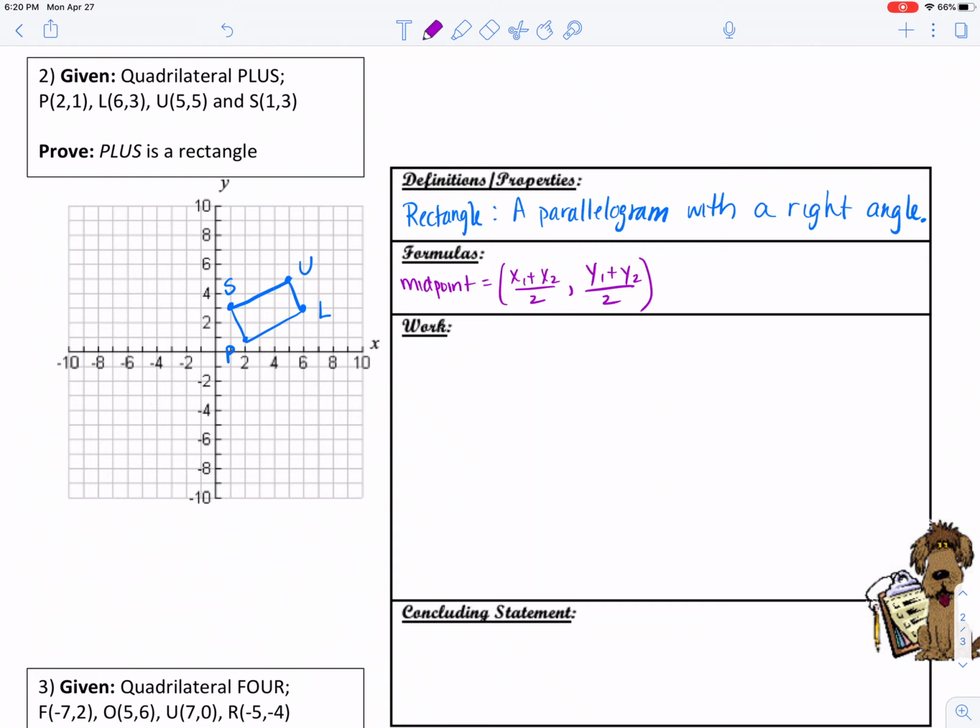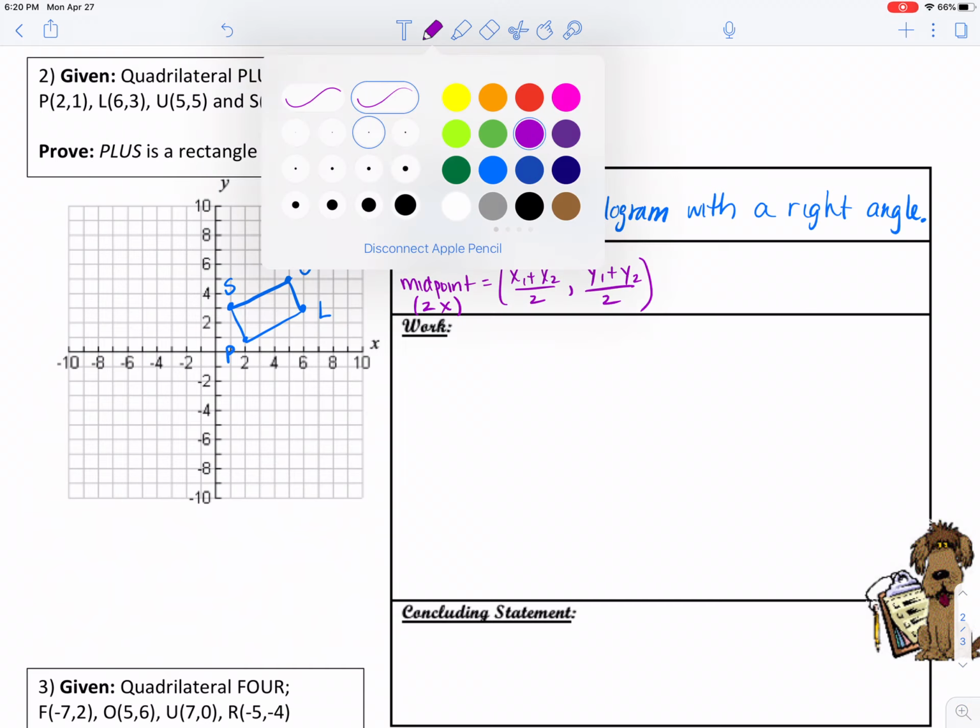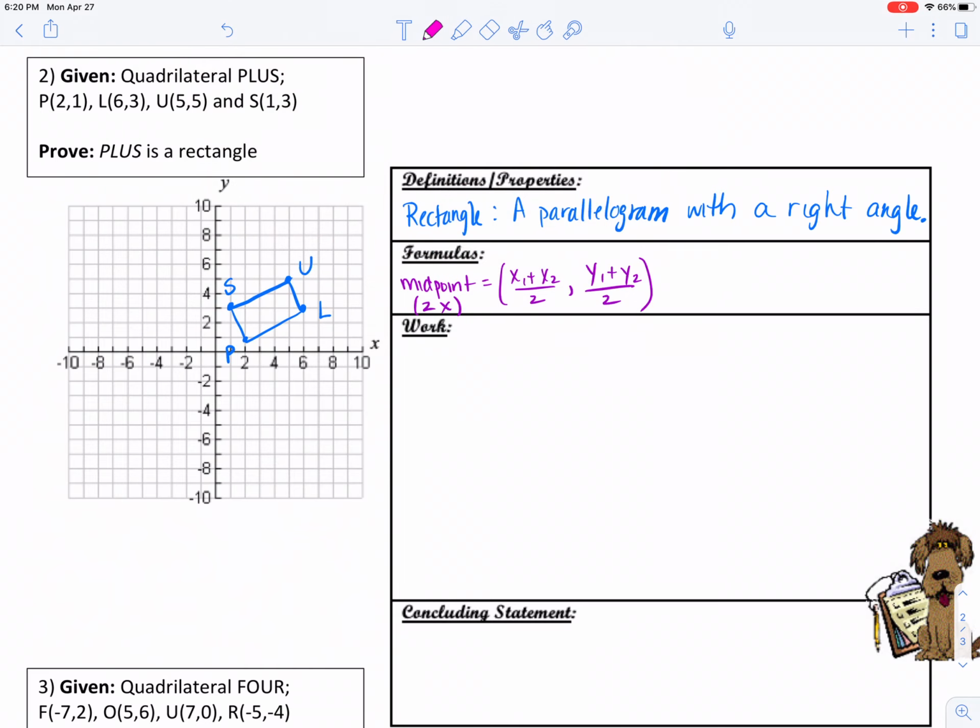So we're going to use the midpoint formula 2 times. I could write that right here. And then if I'm going to show that it has a right angle, I'm going to find slope. So instead of using slope formula, since we're graphing it, I'm going to use rise over run. And that's going to be 2 times as well.